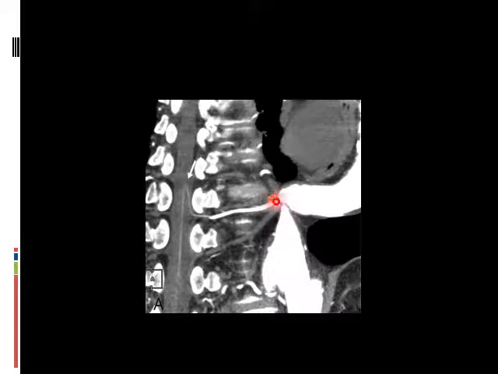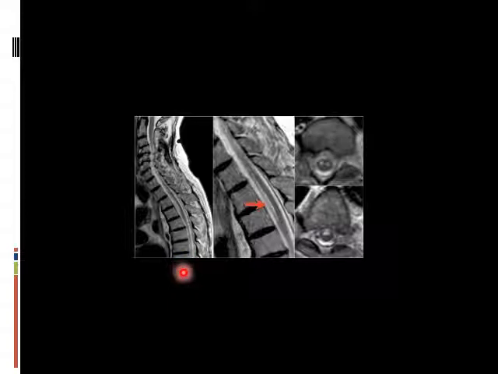This curved multiplanar CT angiography very nicely demonstrates the hairpin curve of the artery of Adamkiewicz. You remember this sign?